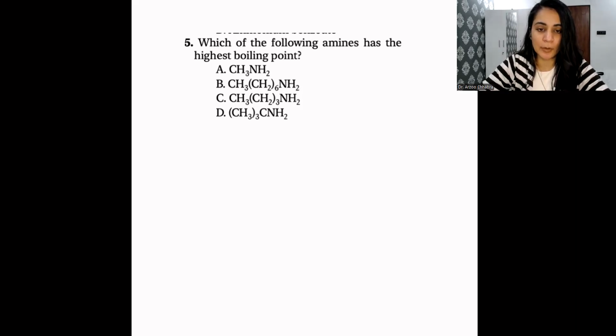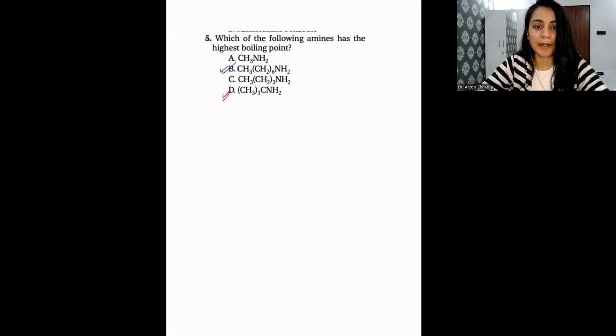We see branching at option D, right? And the longer the carbon chain, the more van der Waals forces, and the strength of the forces increases because there are more of them, but they have to be in a straight chain as well. That's why option B is the correct answer for this problem. Okay.